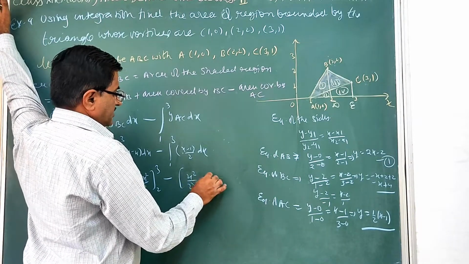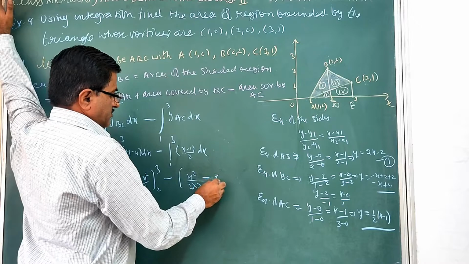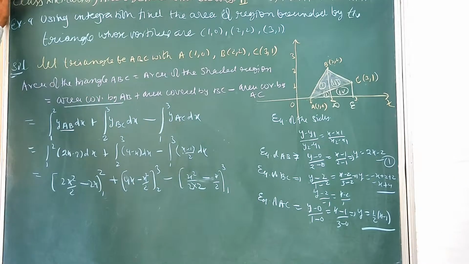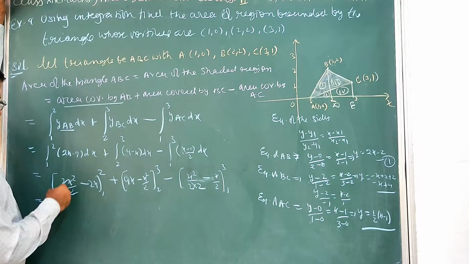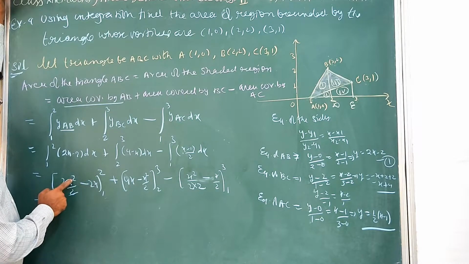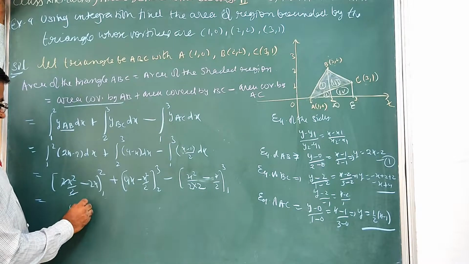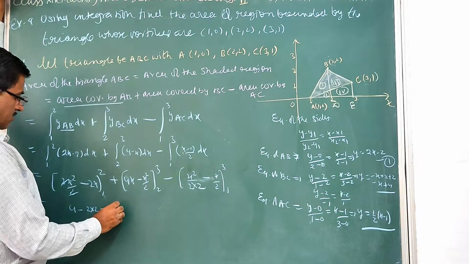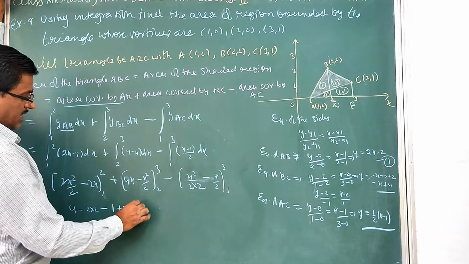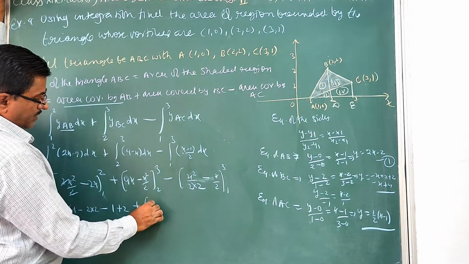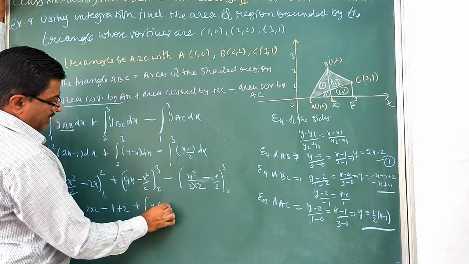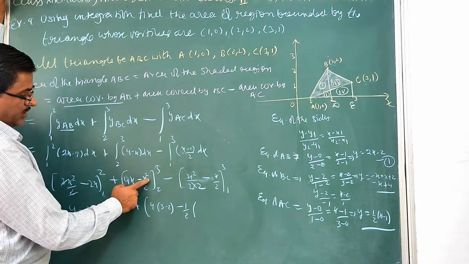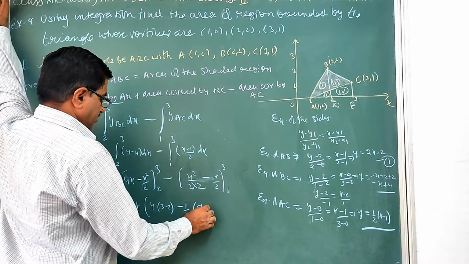Then minus integral of 1, that is x by 1. So make the simple calculation. 2 cancel, 2 power 2. Upper limit minus lower limit. 4 minus 2 into 2 minus 1, minus minus plus. Then 4 into 3 minus 2. Upper limit minus 1 by 2, upper limit, that is 3 square minus 2 square.